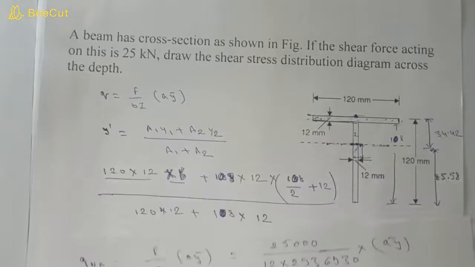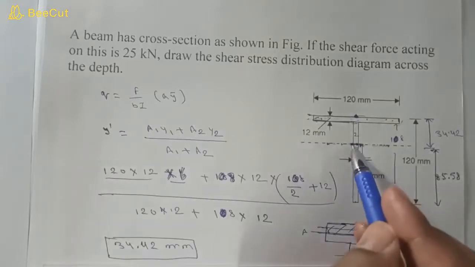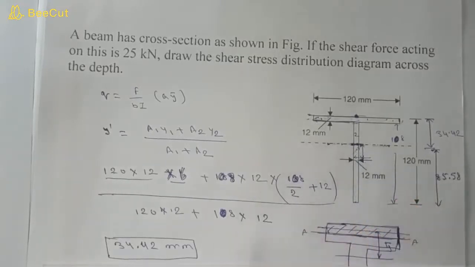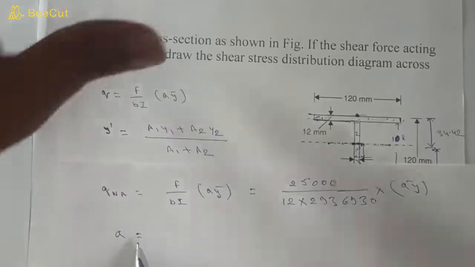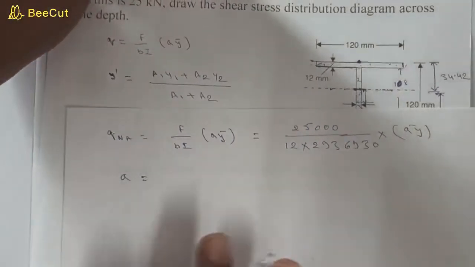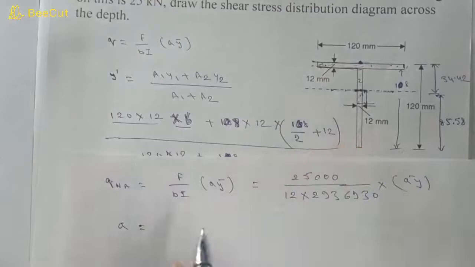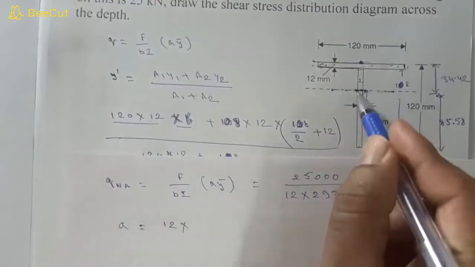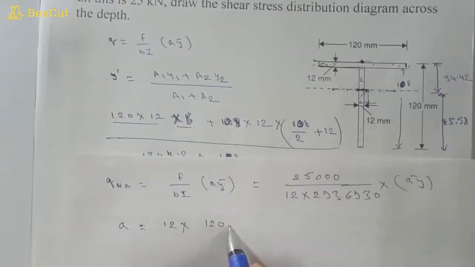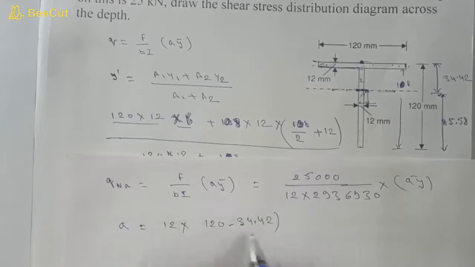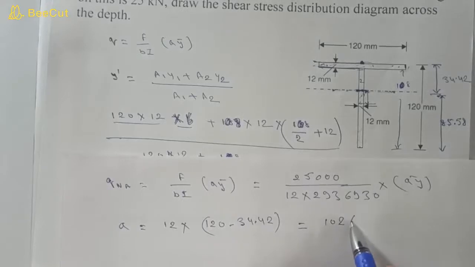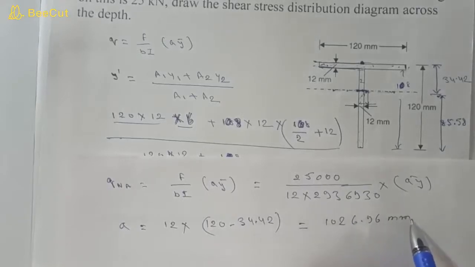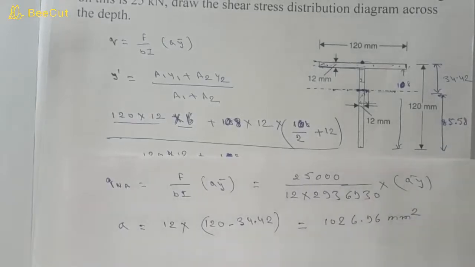So let's see what the value of A y is. The area is this width, 12, into the height, 120 minus 34.42. If you calculate, you will get 1026.96 mm square, and we have to calculate y also.